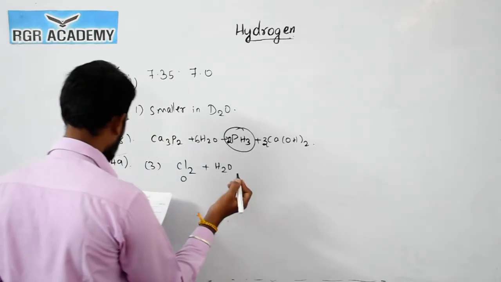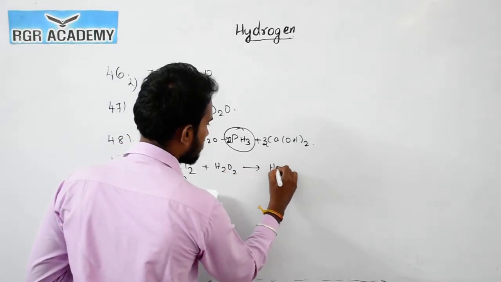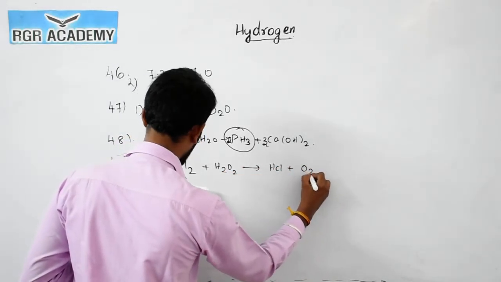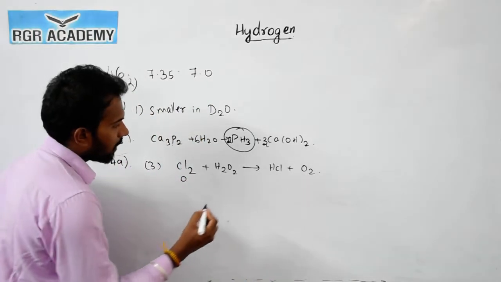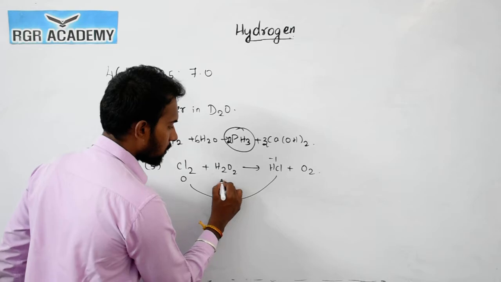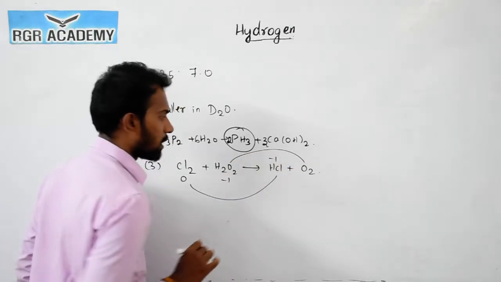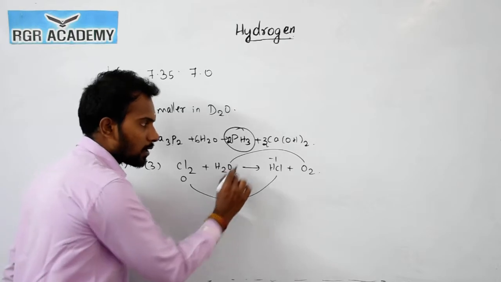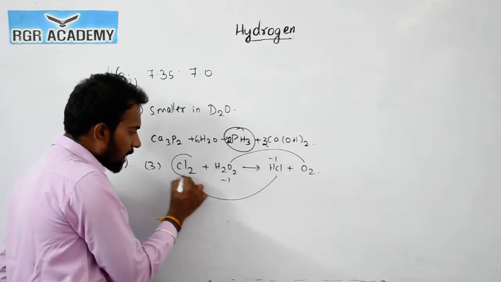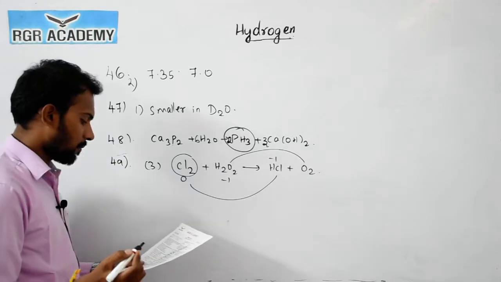See this one: H2O2 gives HCl plus O2 gas. Here the oxidation state of oxygen is -1 for each oxygen, and in O2 it is 0, so it was oxidized. A reducing agent should be oxidized, and the other element is reduced. So here the answer is C, the third one.